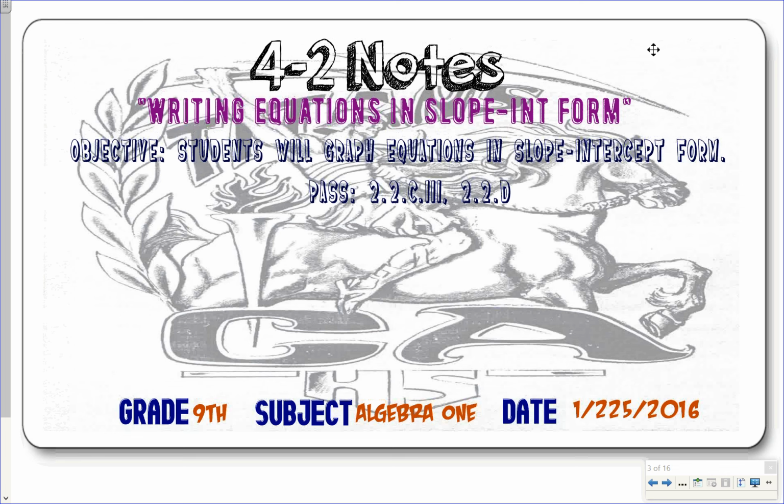Yeah, Jeff said students, we're gonna write, students will graph equations in slope-intercept form. Your path skills 2.2 C 111, or I think it's I. And 2.2 D. The title, if you guys wanna write that down, it's gonna be writing equations in slope-intercept form.